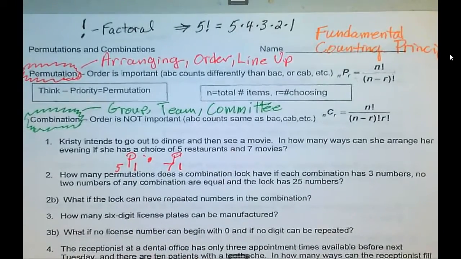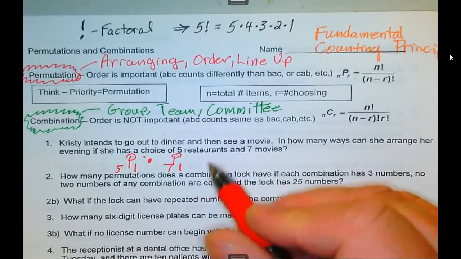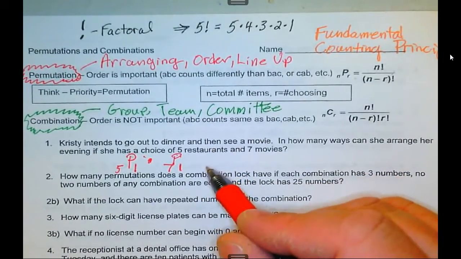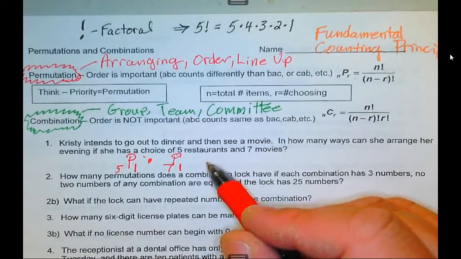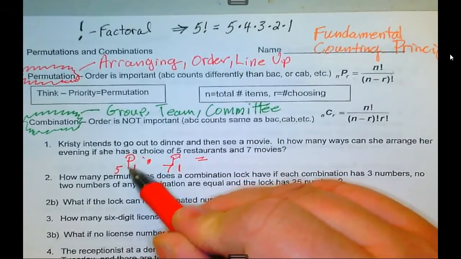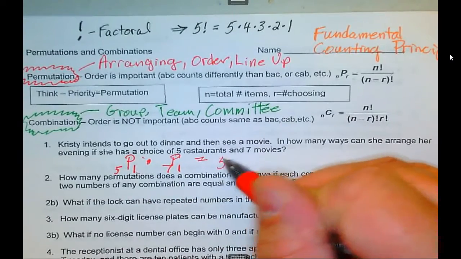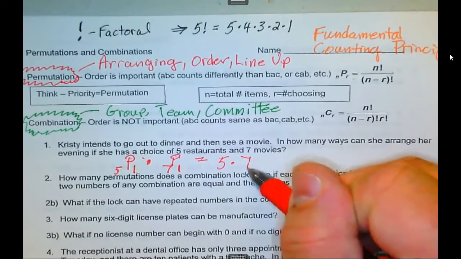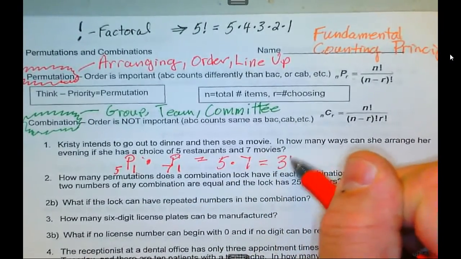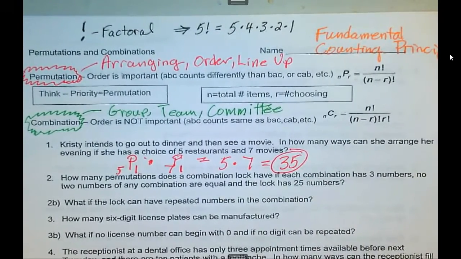As we put these in our calculator, we found that permutation 5-1 times 7 equals 35 ways of figuring this out.